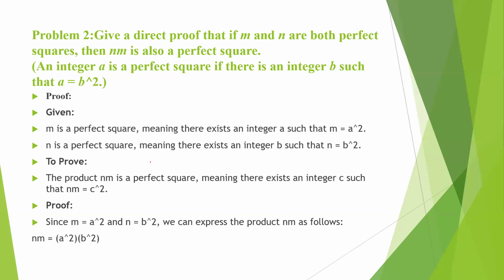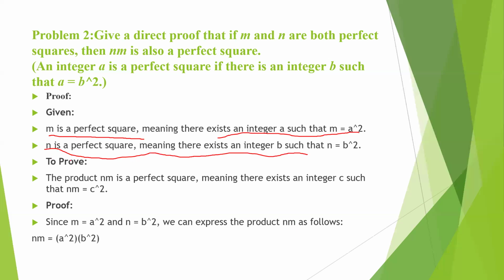Okay, if m and n are perfect squares, what we have to take as given is m is a perfect square. That means there exists an integer a such that m is equal to a square. So just take an assumption. And for n, we have to take another variable. So n is a perfect square, meaning that there exists an integer b such that n is equal to b square.